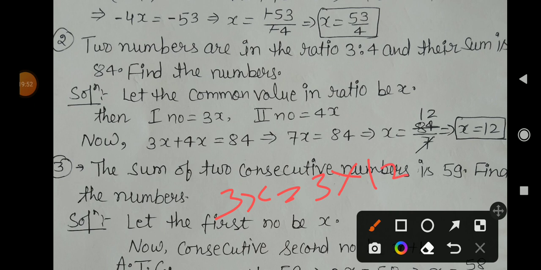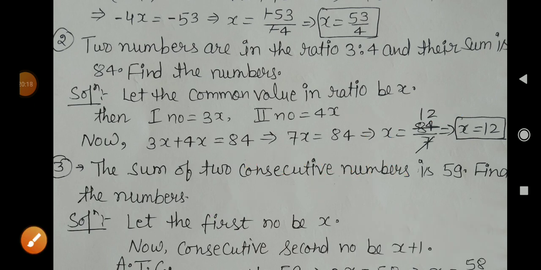In place of x you put the value 12, so you get 36. So the first number is 36. The second number is 4x, so 4x is equal to 4 into 12. In place of x you write 12, so 4 into 12 is 48. So 36 and 48 are your first and second numbers.